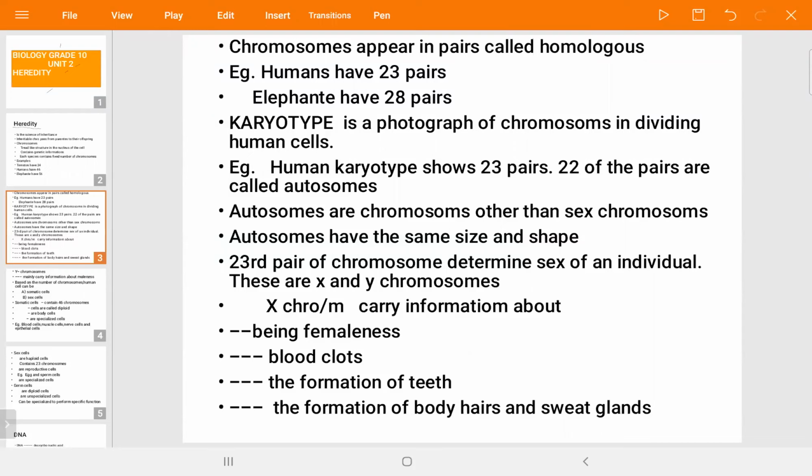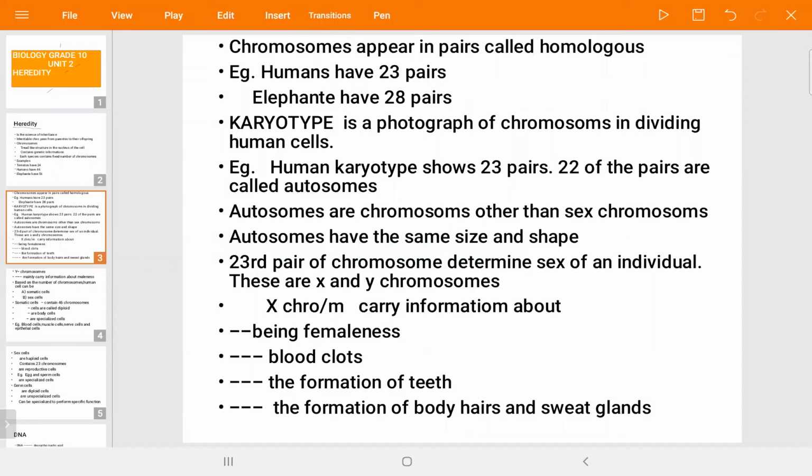Chromosomes in dividing cells are clearly visible under a light microscope, even the ordinary light microscopes that we have in school laboratory. When we take the photograph of these visible homologous pairs in a dividing human cell, we call it a karyotype.